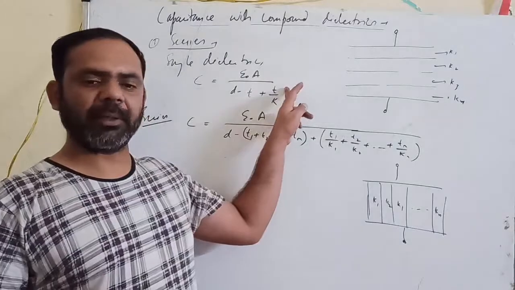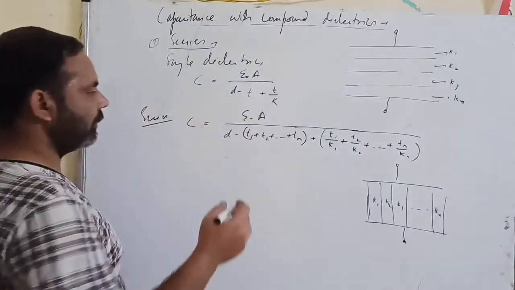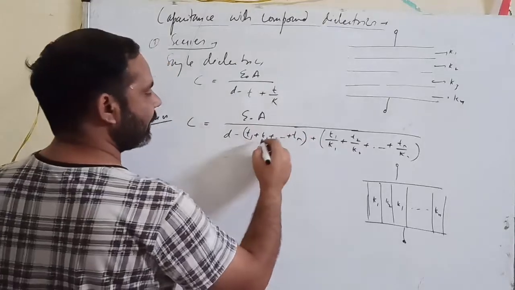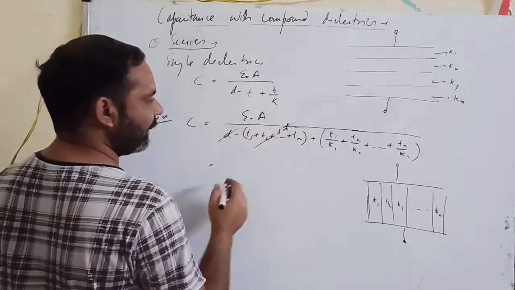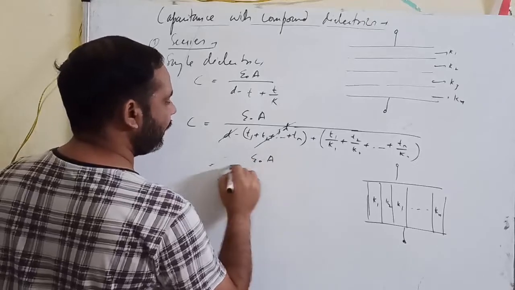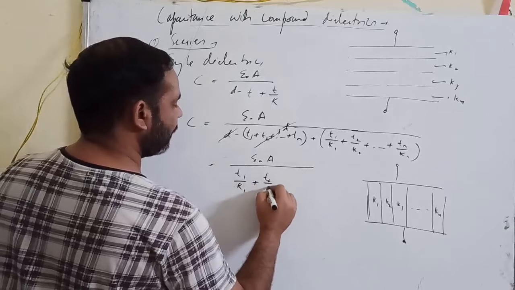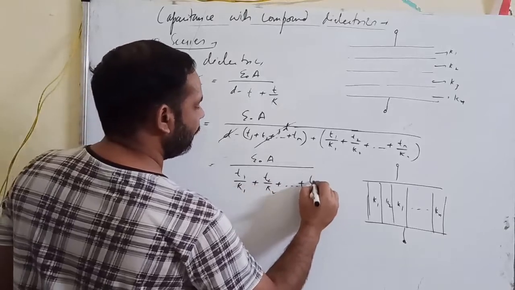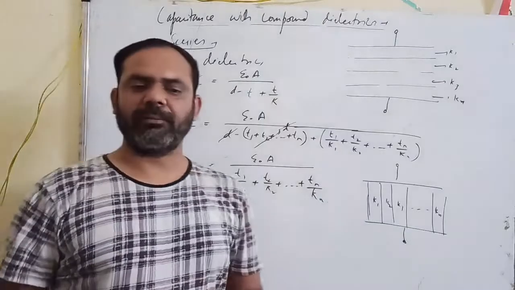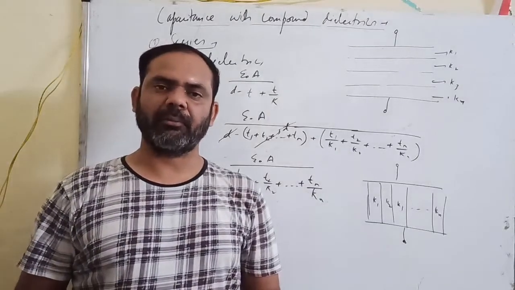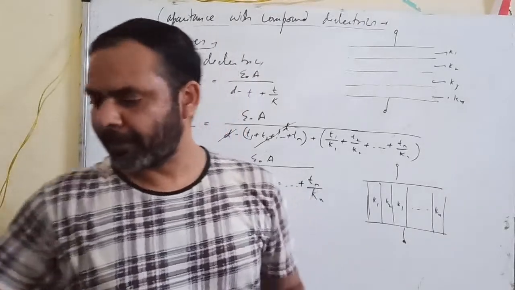Now this is the total thickness, and you can take it equal to D, and this D will get cancelled, so you have the formula epsilon naught A upon T1 upon K1 plus T2 upon K2 plus Tn upon Kn. This is the formula for capacitance with series combination of dielectric slabs.